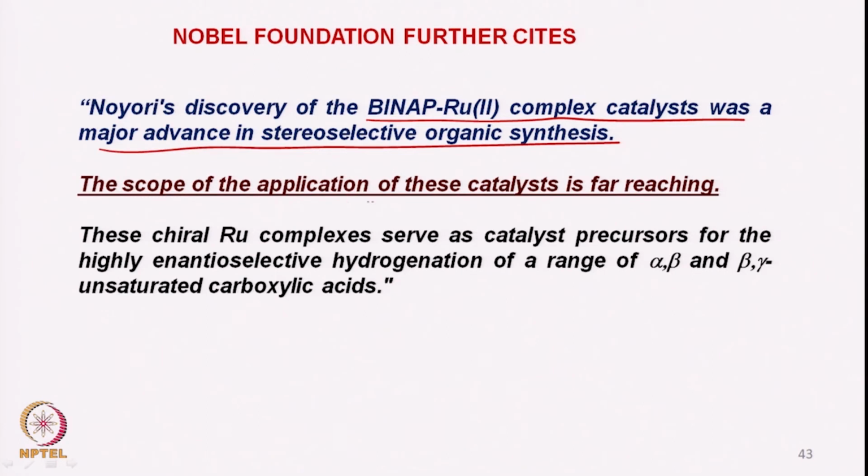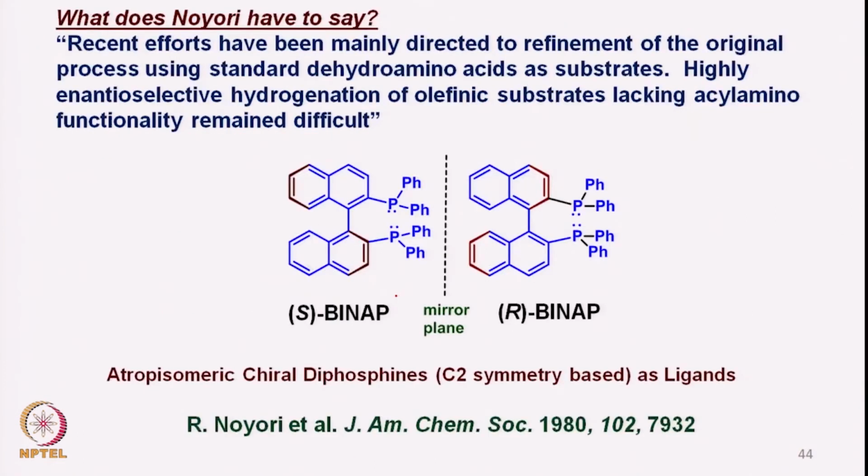The scope of the application of these catalysts is far reaching. These chiral ruthenium complexes serve as catalyst precursors for the highly enantioselective hydrogenation of a range of alpha beta and beta gamma unsaturated carboxylic acids. So, this is how Noyori's work was cited by the Nobel Foundation.